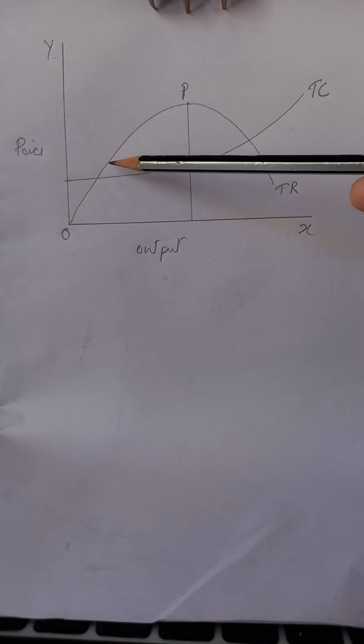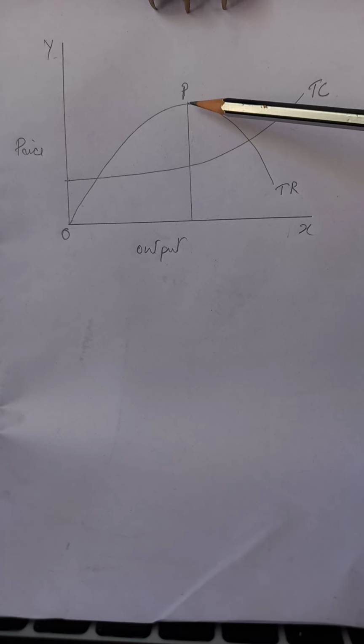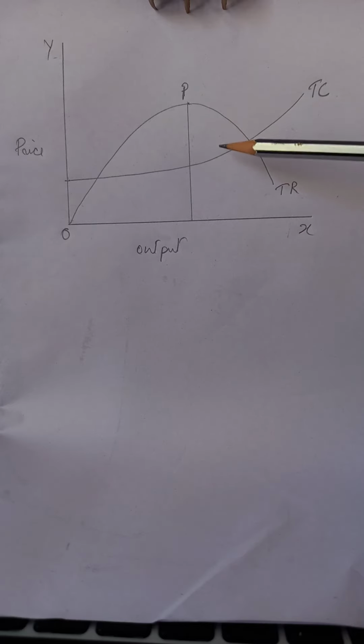But yes, he goes on, keeps on producing more and more, not satisfied with whatever level of profits. If you look at a point beyond P, if you keep on producing more and more, the TR is still above his TC curve.